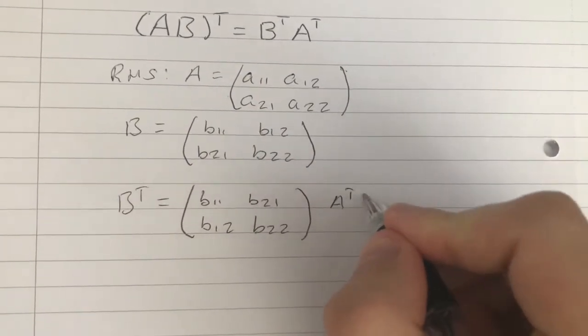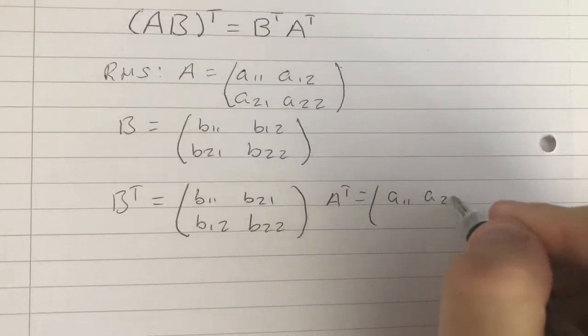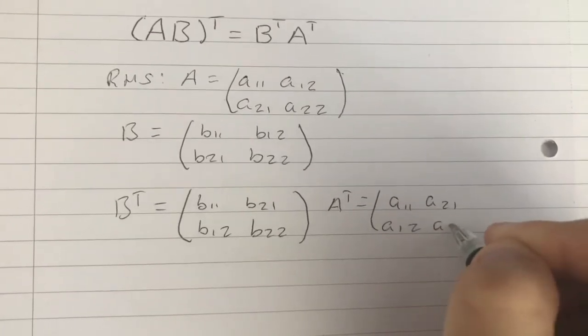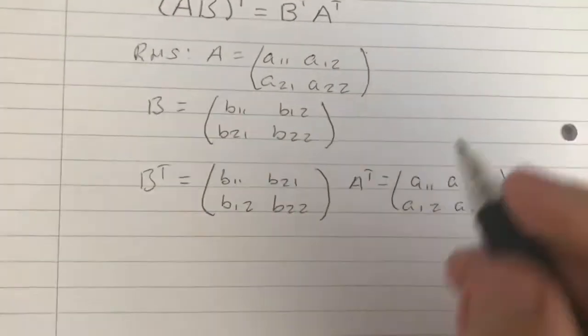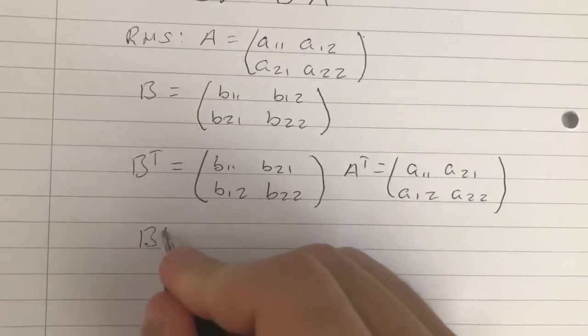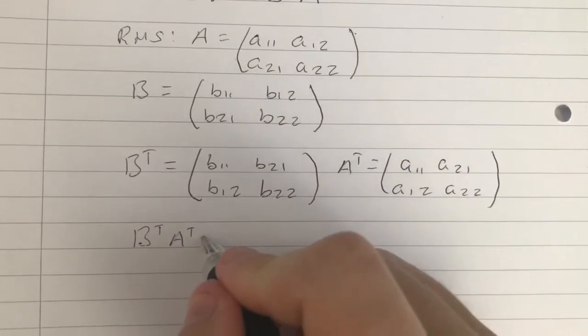And then A transpose is equal to A11, A21, A12, A22.